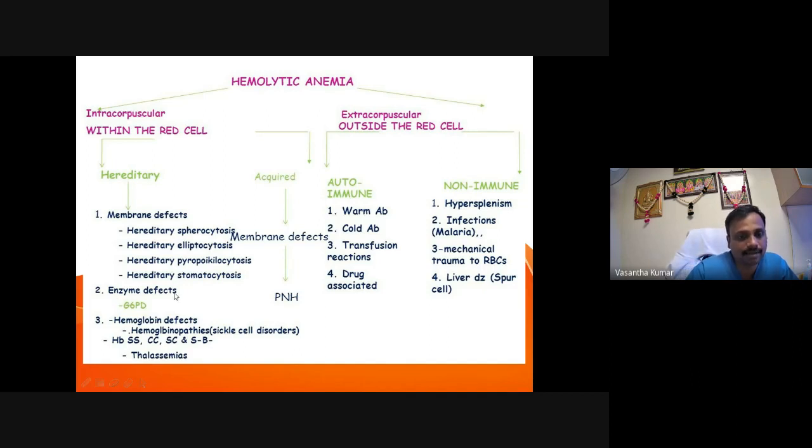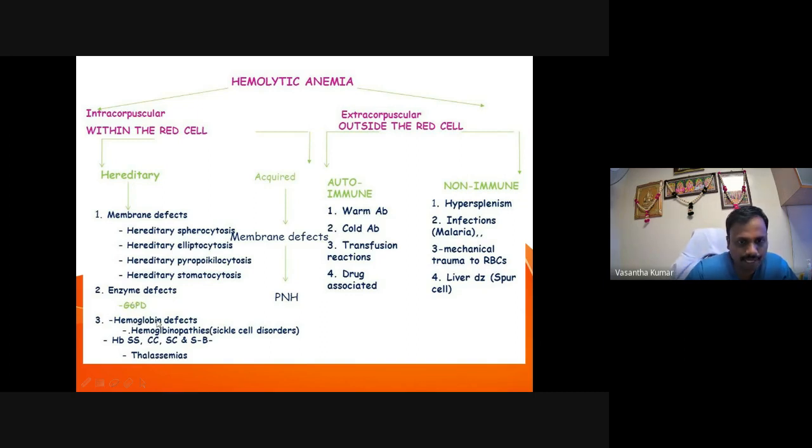Next is the enzyme defect due to G6PD, that is the glucose 6-phosphate dehydrogenase enzyme. There will be free radical formation due to NADPH deficiency. What will happen? There will be lysis of the RBCs. This condition I will explain in the subsequent slide. About G6PD, we'll have a brief discussion.